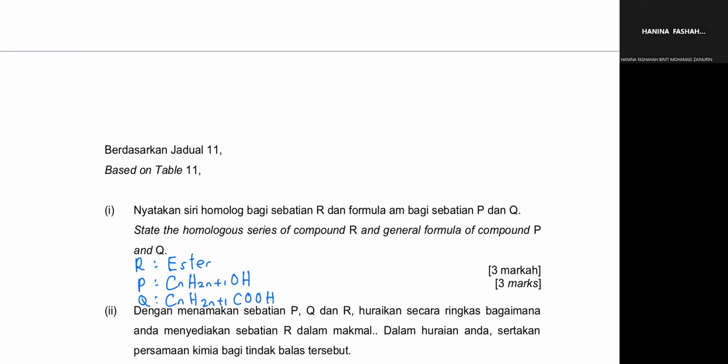Homologous series is the general name, like ester, alcohol, alkane, alkene. General formula is the one with the formula. If it is functional group, then it's carboxylate, hydroxyl, carboxyl, single bond, double bond. If it is homologous series, then it's ester and all that.